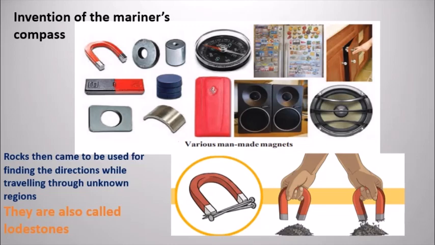So in earlier times, as the stones were used for traveling purposes, they called them lodestones, and afterwards we named it the mariner's compass. The mariner's compass is used to locate a particular direction, to say whether we have to go in the south direction or the north direction, or whether we are going in the proper direction or not.